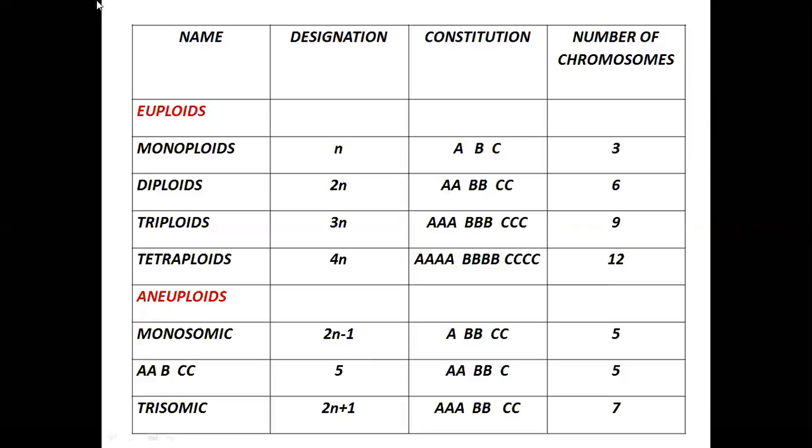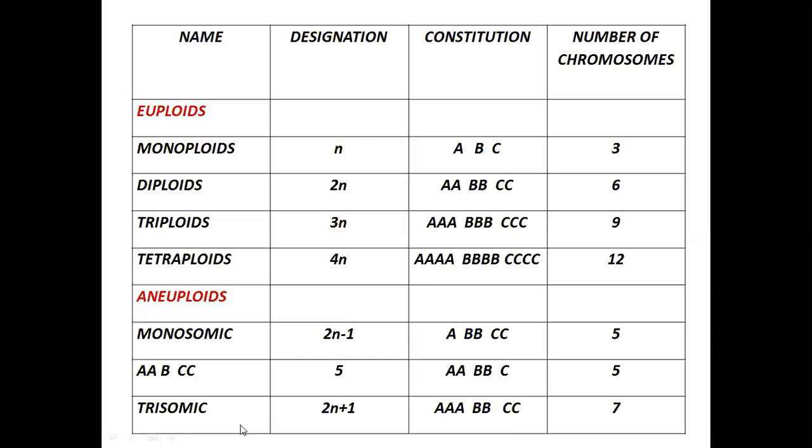So here we have A, capital B, and capital C, capital C. What happened here was the A chromosome did not separate, and it has gone to the other cell, and that other cell is exactly what you're seeing here, the trisomic.